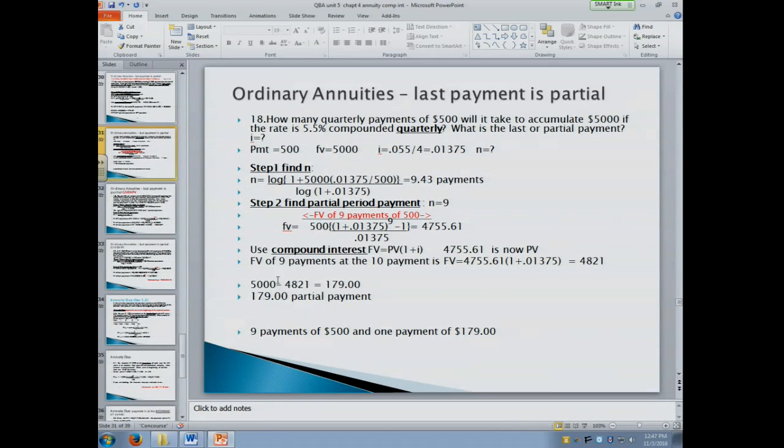We subtract it from 5,000, and our last payment, our partial payment, is 179. So we have 9 full payments of $500, and then the last one is 179. 9 payments of $500 and 1 payment of 179.